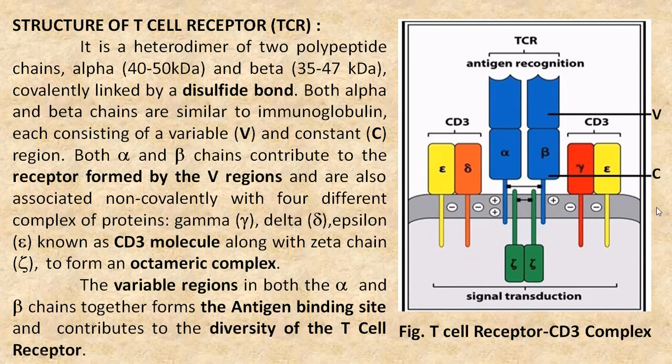The variable regions in both the alpha and beta chains together form the antigen binding site and contribute to the diversity of T cell receptor.